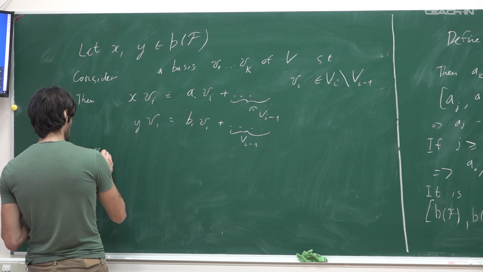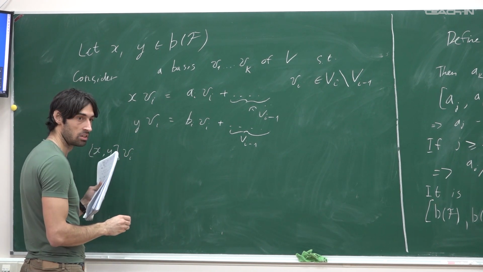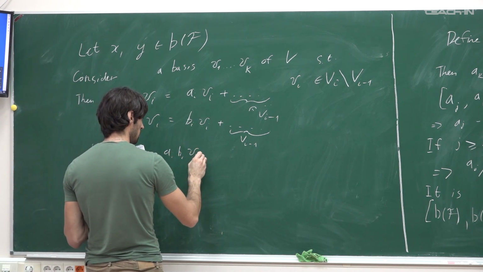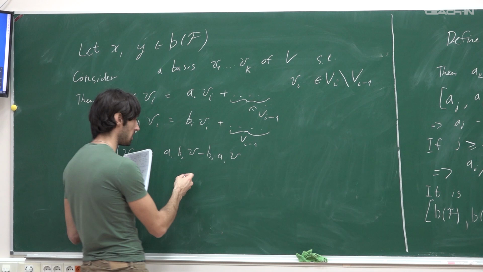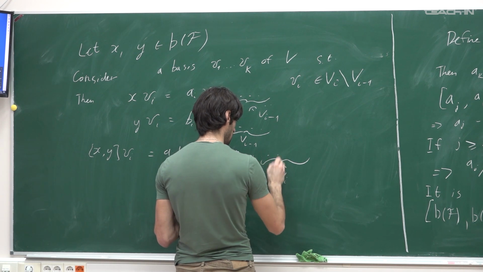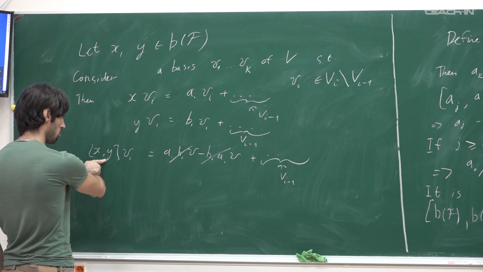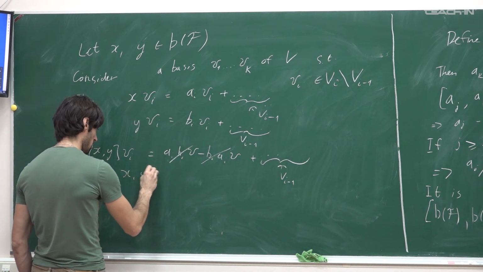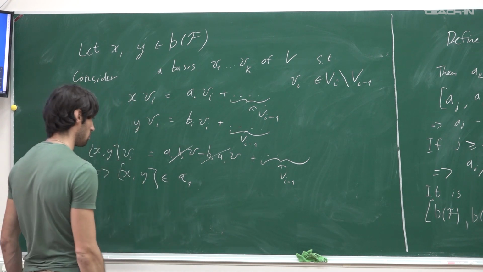Therefore, if I compute the commutator and apply it to v_i, it will be a_i b_i v_i minus b_i a_i v_i. But these are just numbers, so this cancels, and what is left is something inside V_{i-1}. So if I apply something from the commutant, it shifts my index by 1, so x, y belongs to A_1. And so we finished.